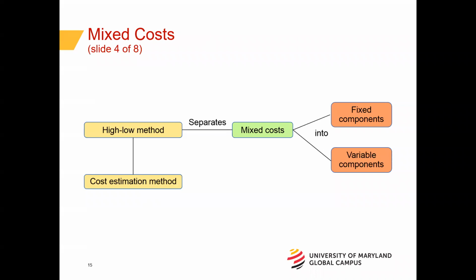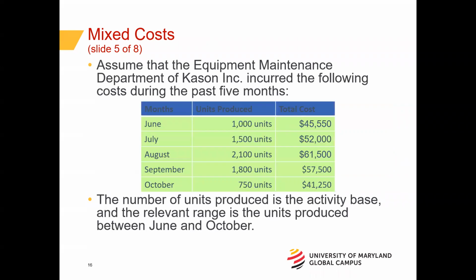And we can separate mixed costs based off of what we call the cost estimation method and the high-low method. High-low is exactly as it sounds. It's what we call a cost range at the low end and at the high end, right? And the cost estimation method is related to the high-low method. We'll talk about those.